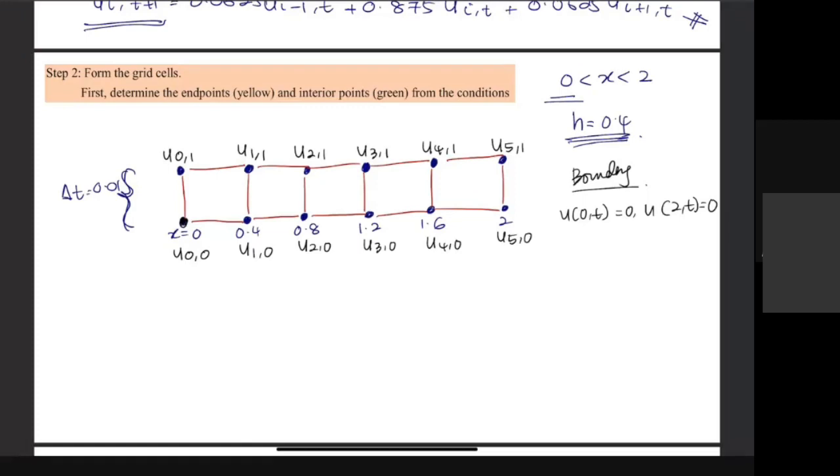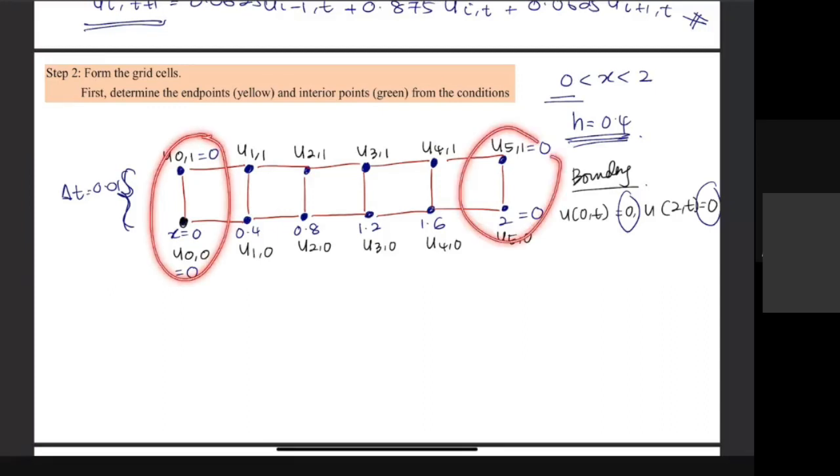So hence, u00 equal to 0. So the end point equal to 0, so that the temperature here equal to 0. So in the exam, you can write here, or you can write properly like this, U00.